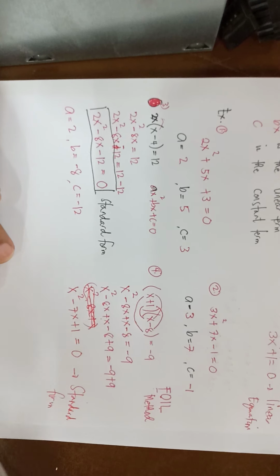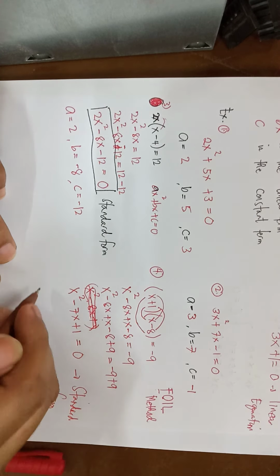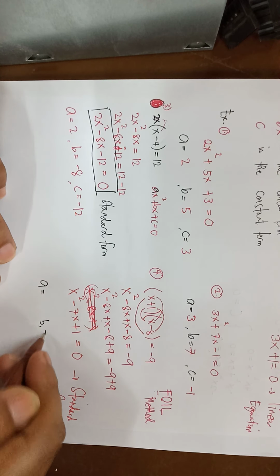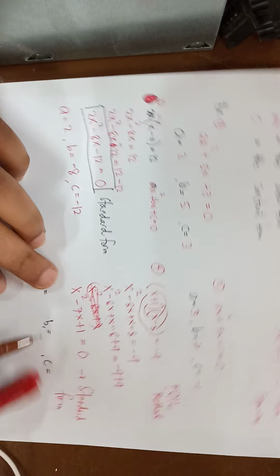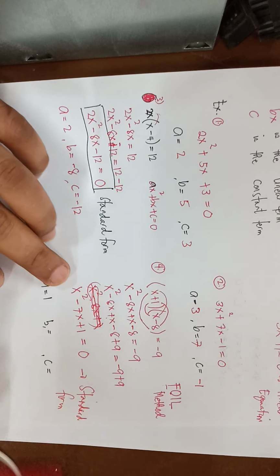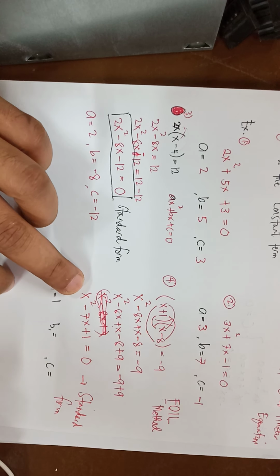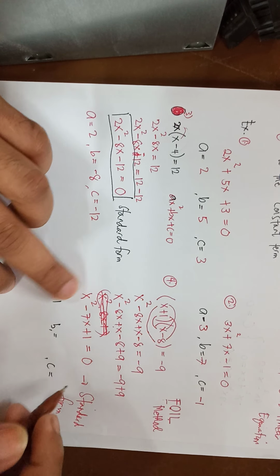By that, we can now identify the values of A, B, and C. A is equal to 1. It is already understood that x squared has a numerical coefficient of 1.